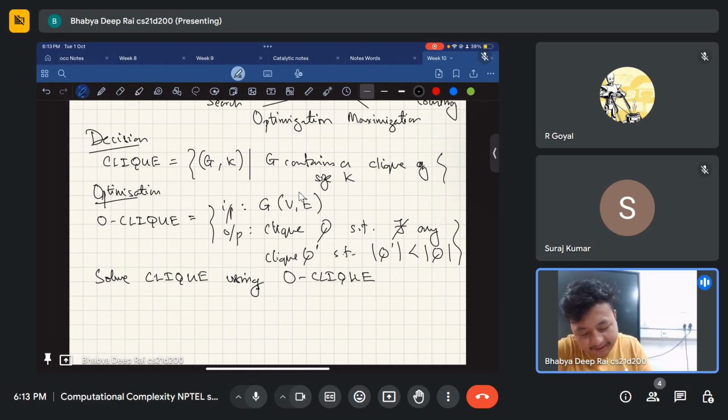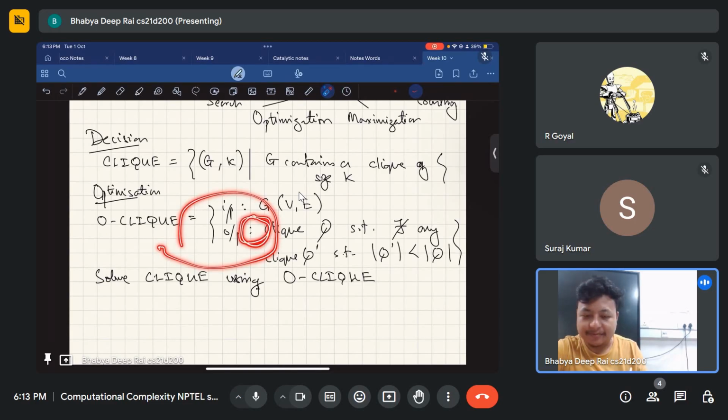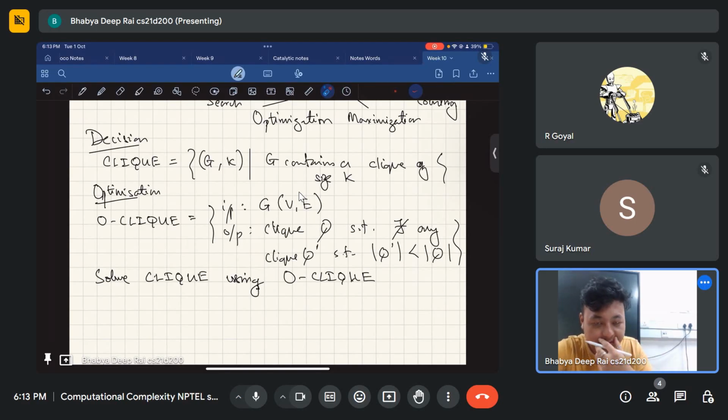So remember again, clique says you are given a graph, and I want to check if it contains a clique of size k. O-click is given a graph, and I want to find the largest clique there.